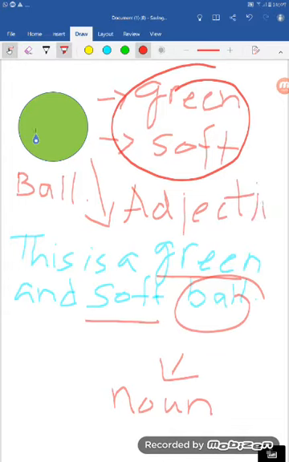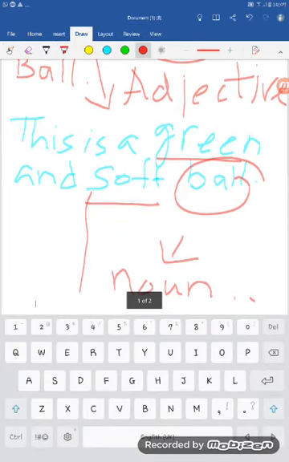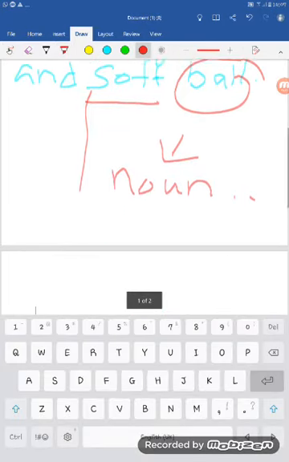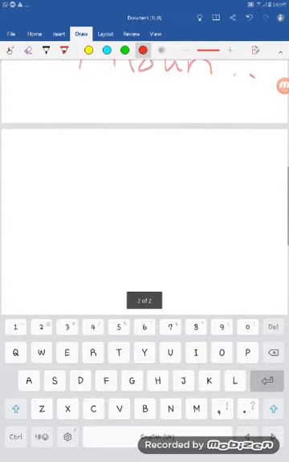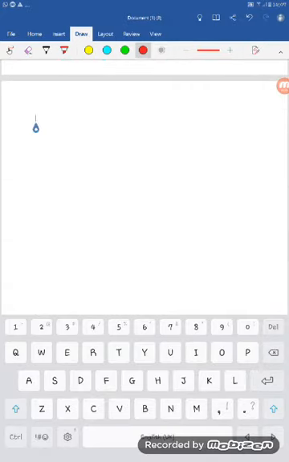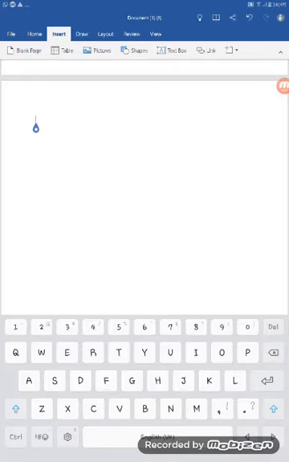I hope you get the concept. Let's take another example. Let's clean it out. Let's move on to the next page. Okay. Let's draw a boy here.